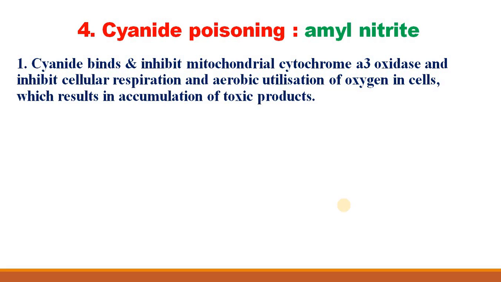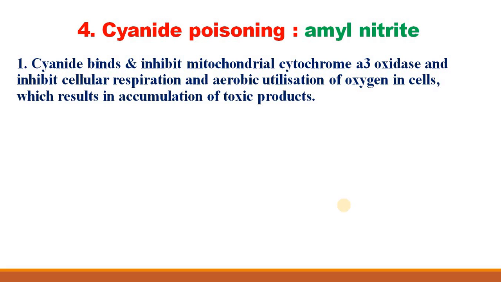Once you inhibit cytochrome oxidase, cellular respiration will be inhibited, and your cell will not be able to utilize oxygen. Ultimately, the cell will have accumulation of toxic products and the cell will die.